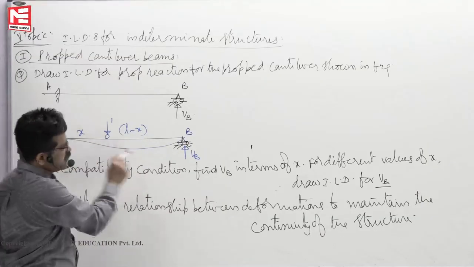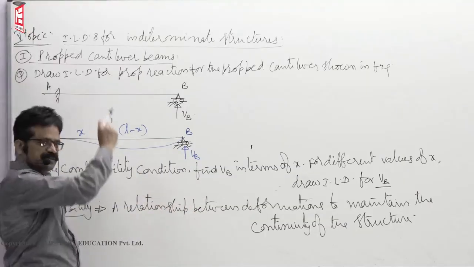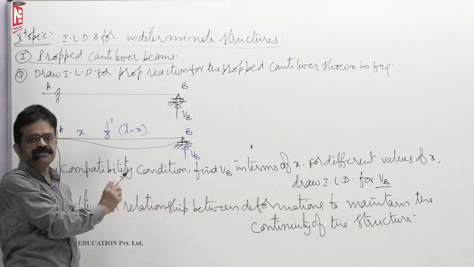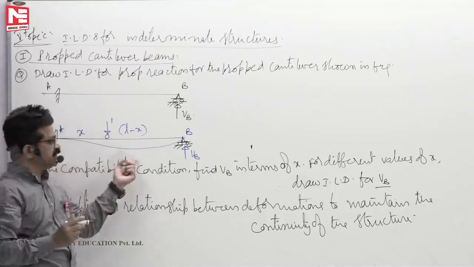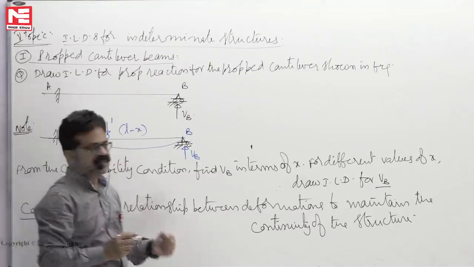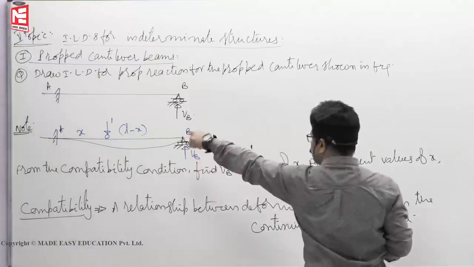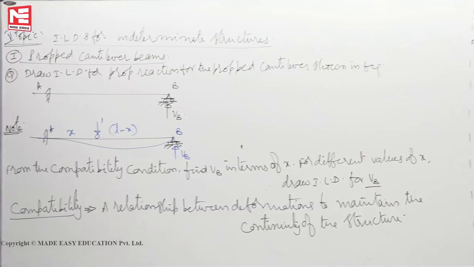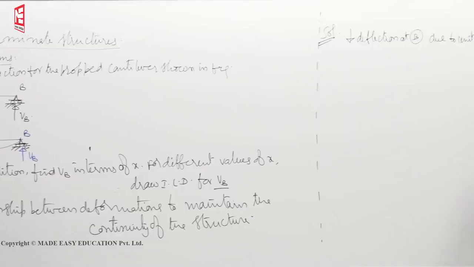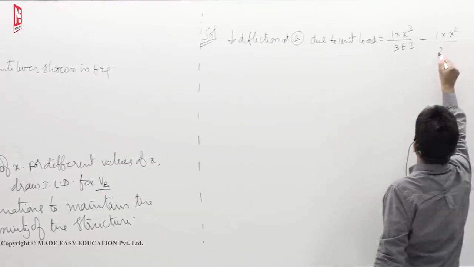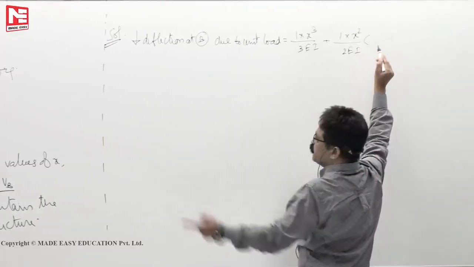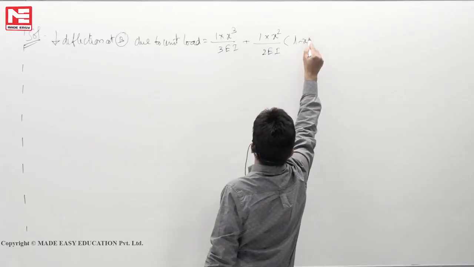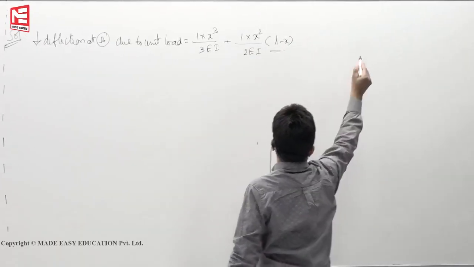One curve, then straight line. So deflection under the load plus theta into the remaining length. I think SM sir might have told you deflections many times. So under the load, the deflection is 1 into x cubed by 3EI. Under the load, the slope is WL squared by 2EI, that means 1 into x squared by 2EI into L minus x. This is like this.